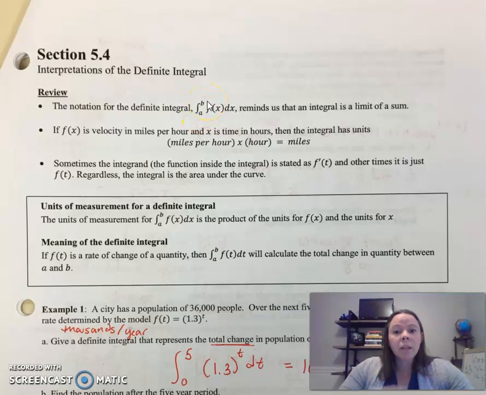Remember the area above is represented as a positive area, and the area below, it's not a negative area. We can't have negative area, but we represent that area by putting a negative symbol in front. And just remember that this has come from finding infinitely many rectangles under that curve. That's where that notation came from.